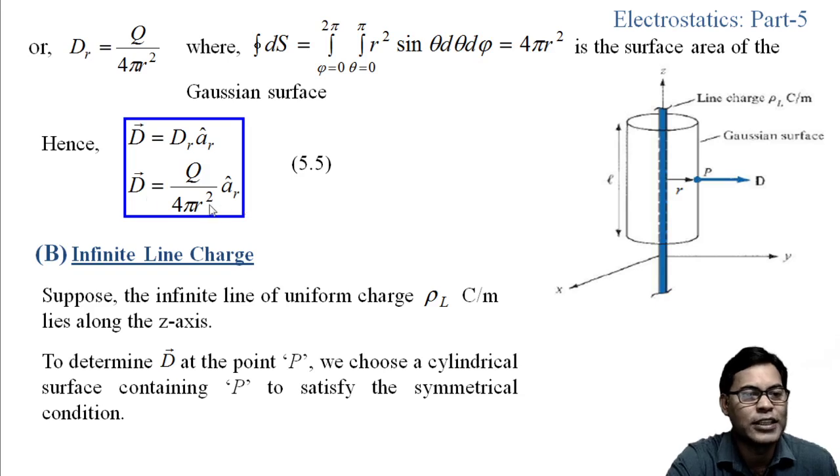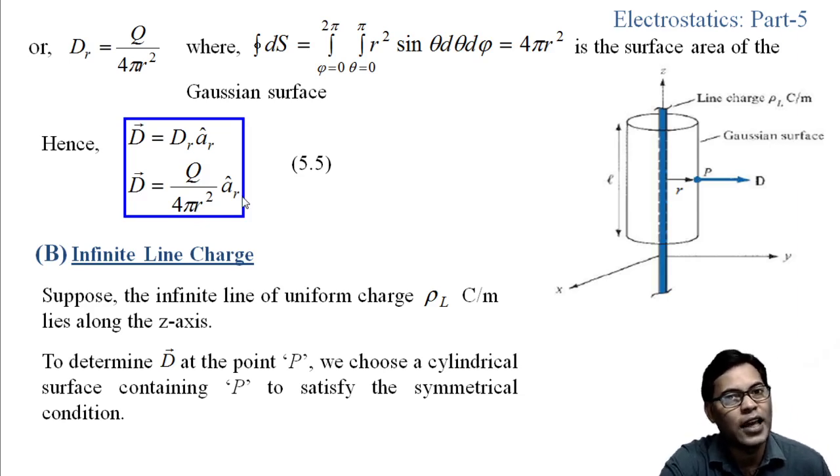So here you can see that if we want to calculate the electric field intensity at that point P, we know D equals epsilon naught E, so E will be equal to q by 4 pi epsilon naught r square ar.